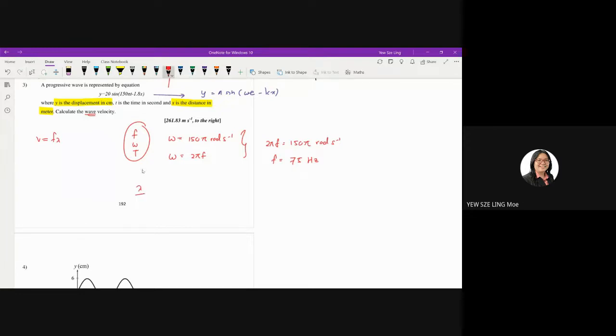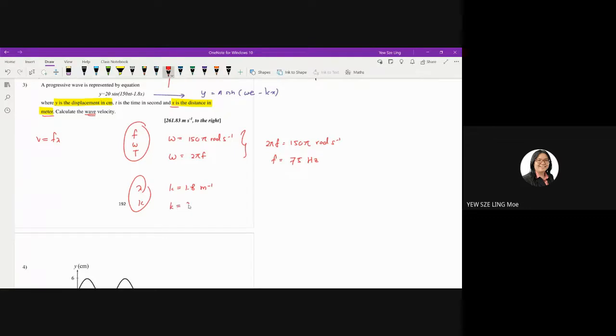Lambda and k are one family. By comparison, k equals 1.8. This 1.8 is not in cm but in m negative 1, because x is in meter. So k uses the unit of x, the same unit as distance. So k equals 1.8 meter negative 1.